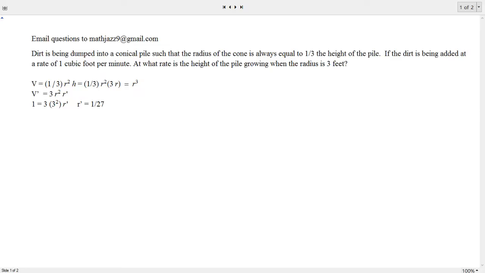Now, from this, we wanted to know how fast the height is growing. We can use the fact that the radius is equal to 1/3 of the height, to give us that the derivative of the radius is equal to 1/3 of the derivative of the height.